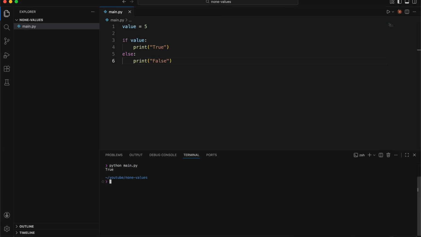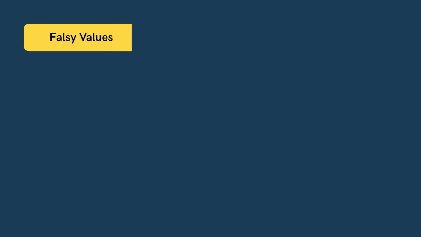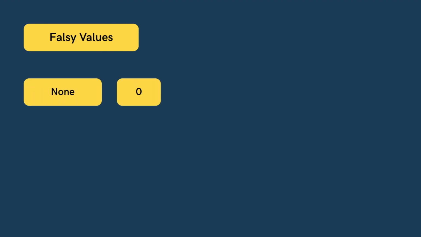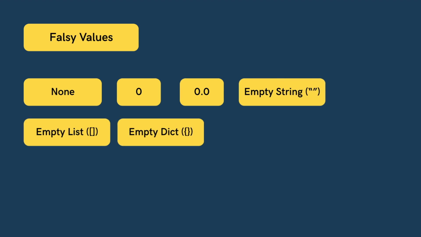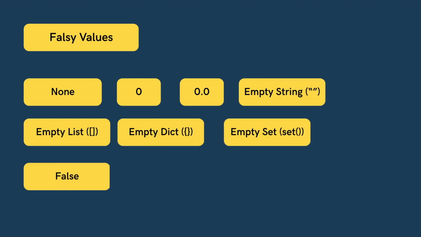It explains why some if conditions run and others don't, even when you don't write double equal to True or double equal to False. These values are treated as False: None, 0, 0.0, empty string, empty list, empty dictionary, empty set, and False. Everything else is truthy.